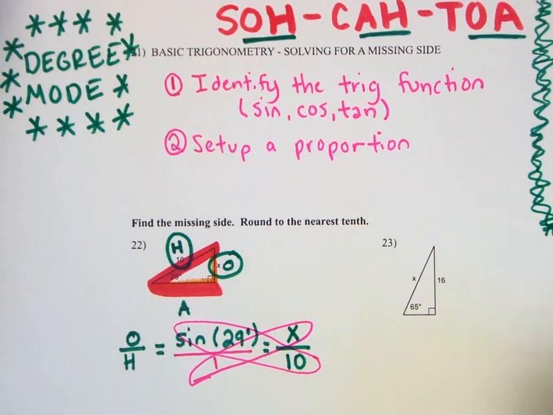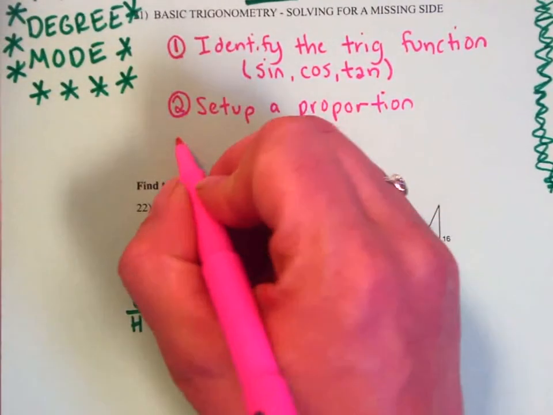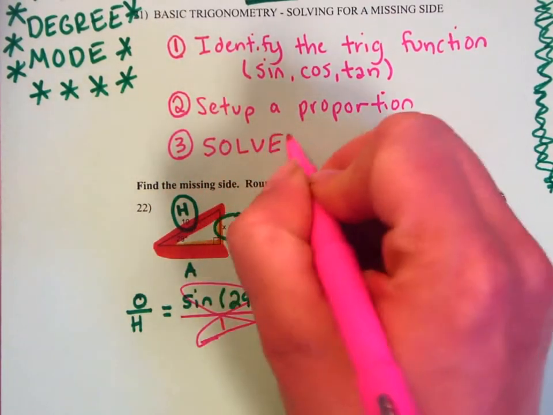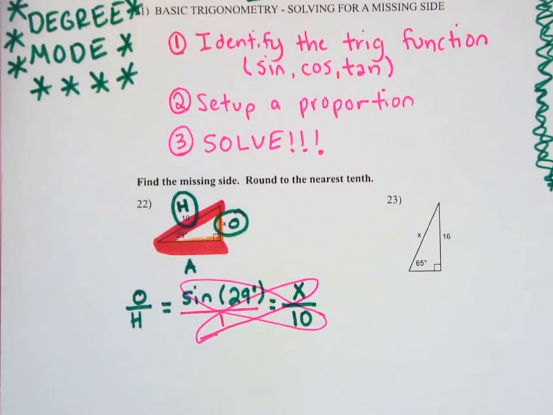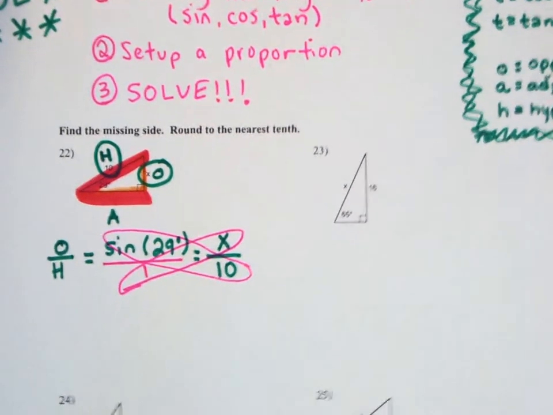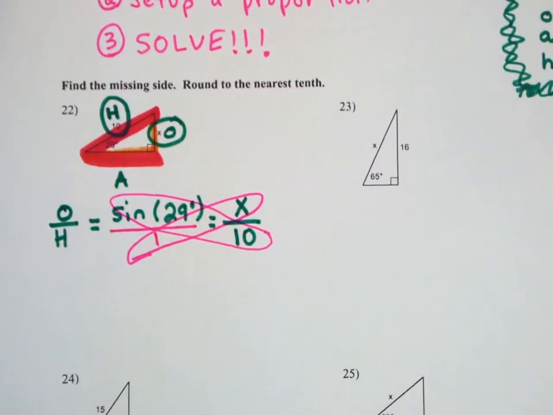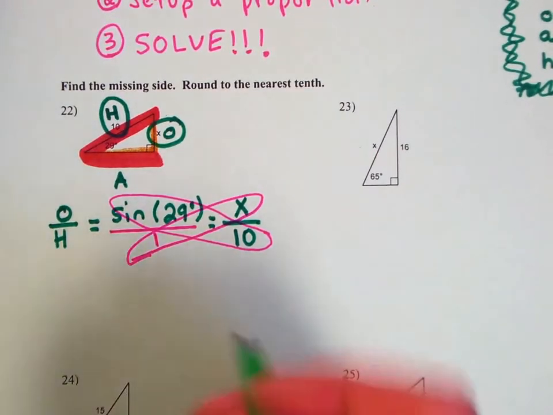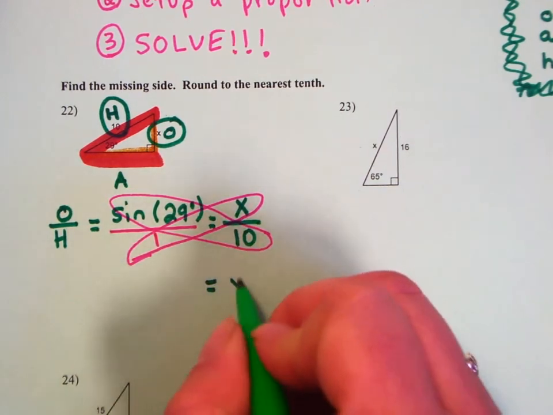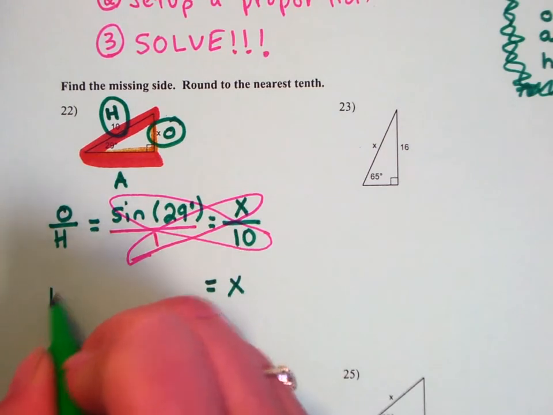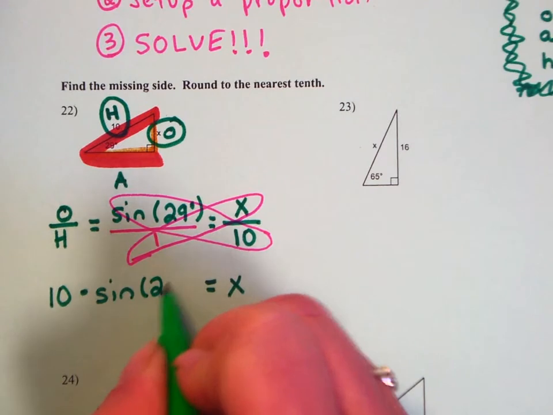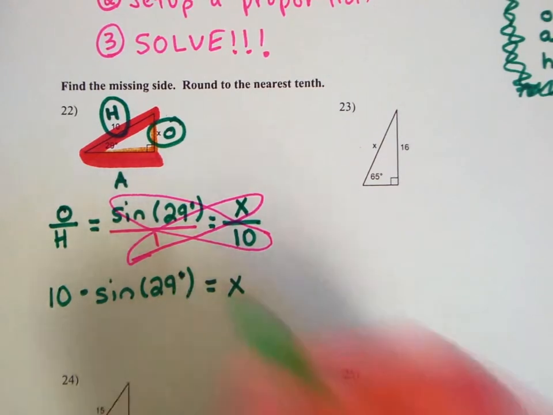How do we solve a proportion? Cross multiply. So the last step is simply to solve. So in this problem, when we cross multiply, we get 1 times x, which is x, and we get 10 times what? The sine of 29 degrees.